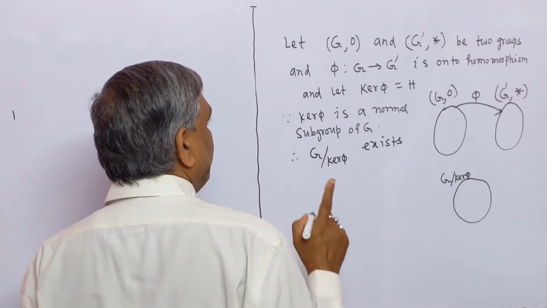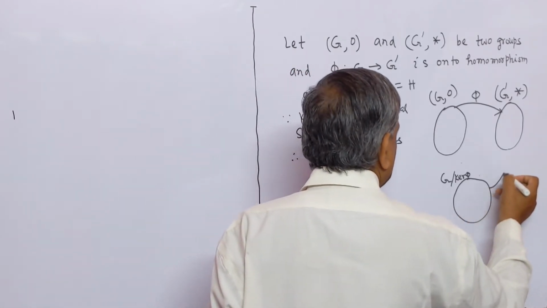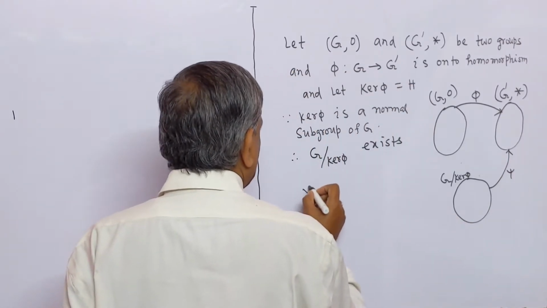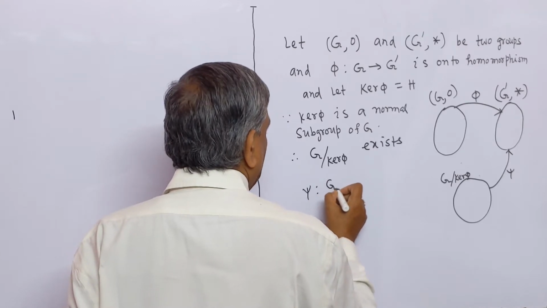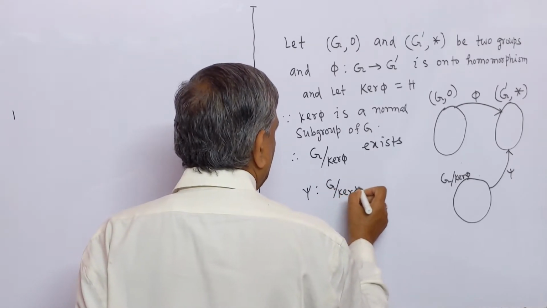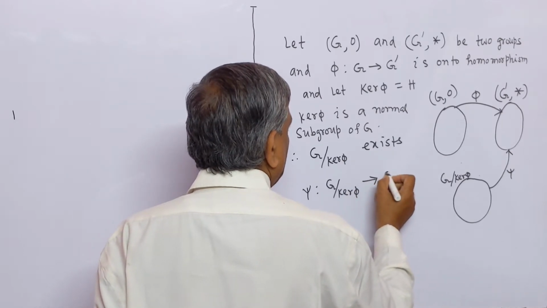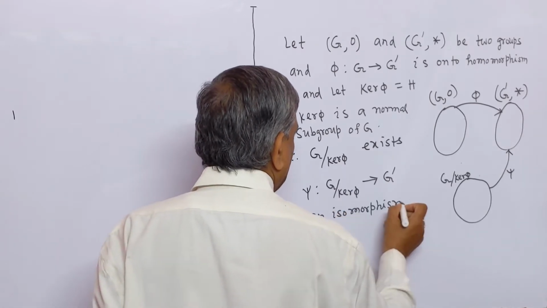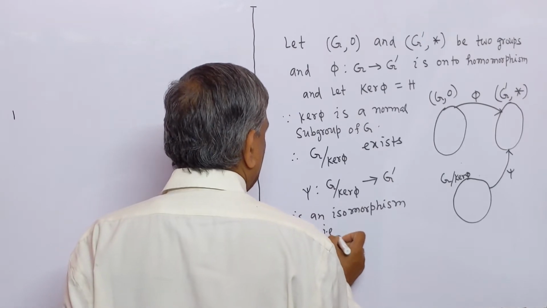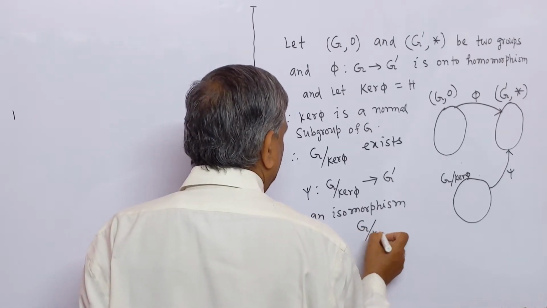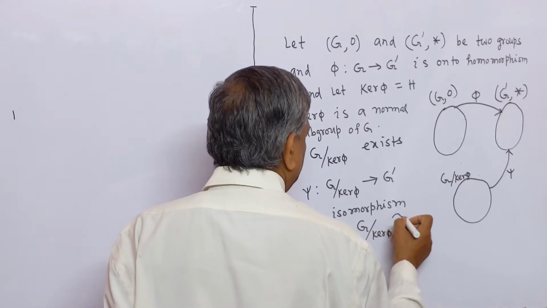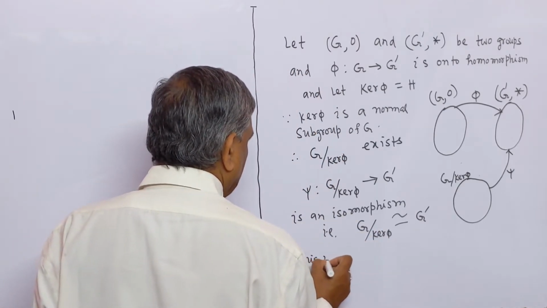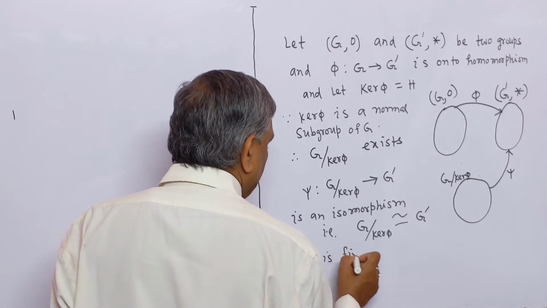Then by the first isomorphism theorem, there exists an isomorphism psi from G by kernel of phi to G prime, that is, the quotient group G by kernel of phi is isomorphic to G prime. This is the first isomorphism theorem.